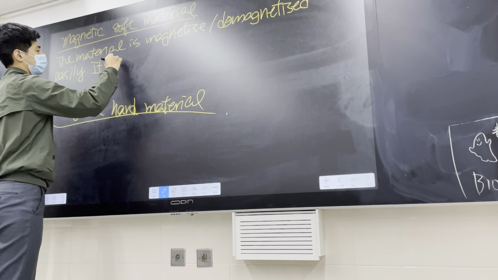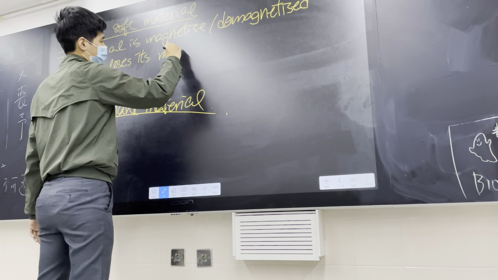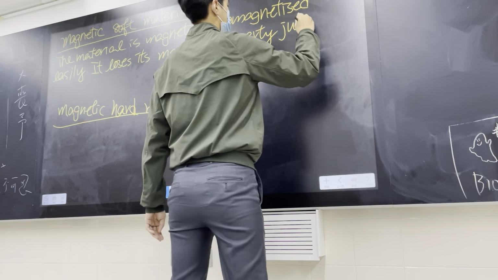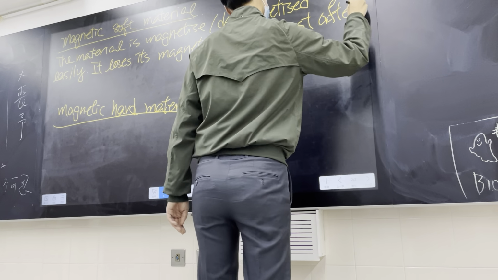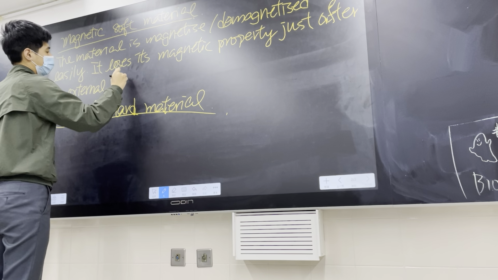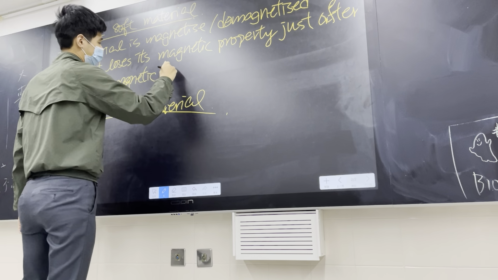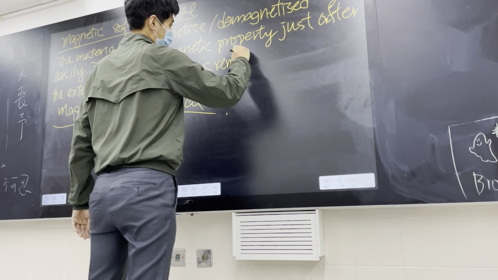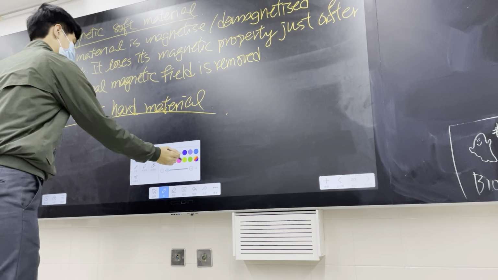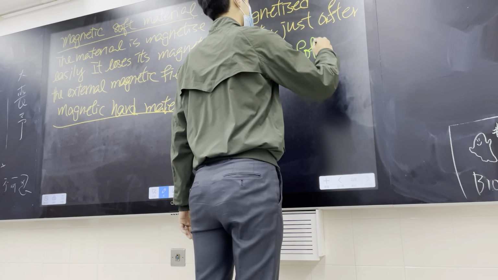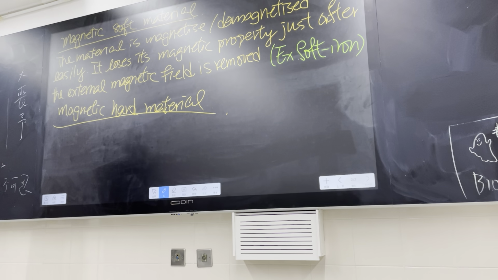The magnetic property is altered just when the external magnetic field is removed. Okay, so for example, soft iron.